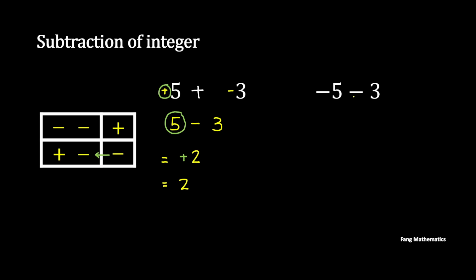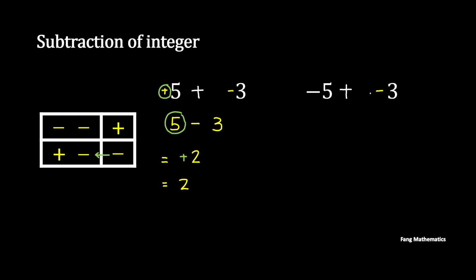Now we are to use this technique to perform integer subtraction for minus 5 minus 3. Let's look at this minus sign in between. We are to convert this minus sign into plus minus. Let's do it. So plus minus. Now we have turned that into integer addition in which the signs of both numbers are the same.